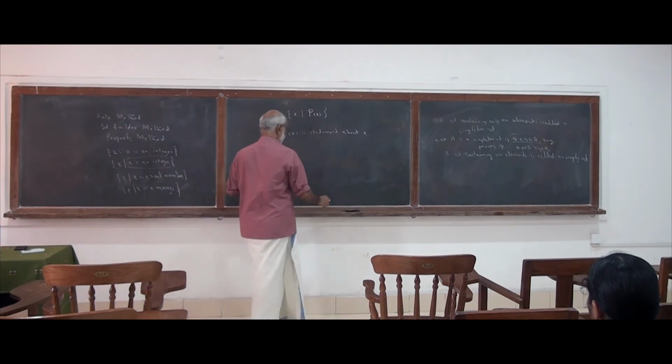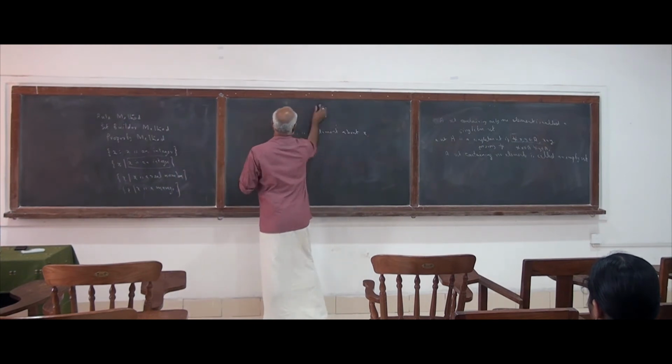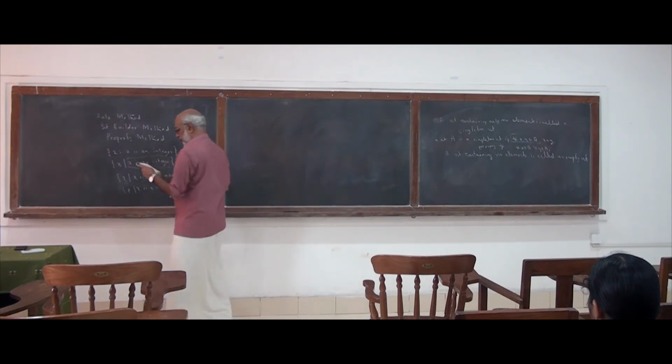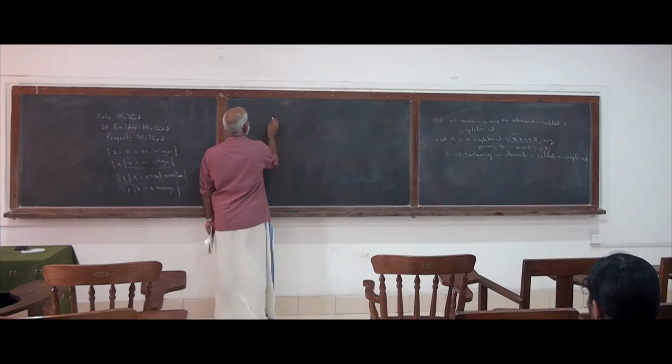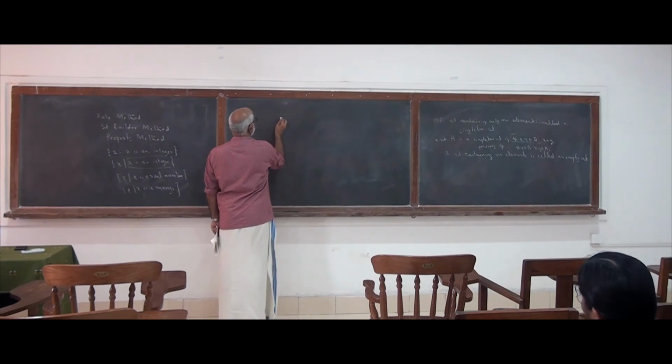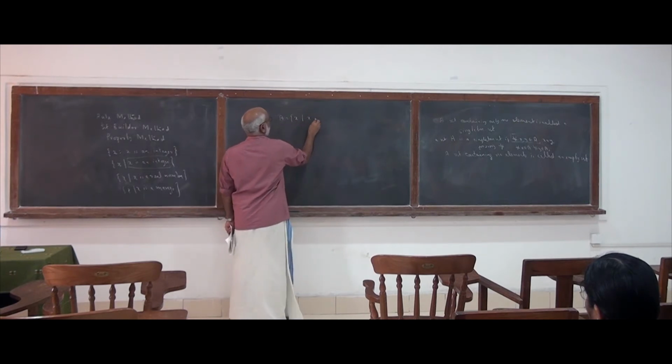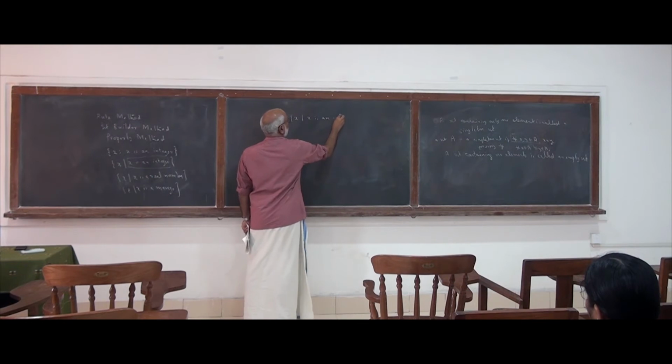Now there are some small variations of the rule method like this. Suppose A is the set of all x such that x is an integer.